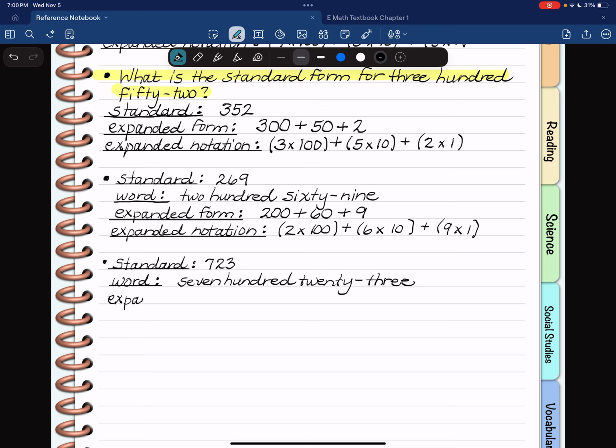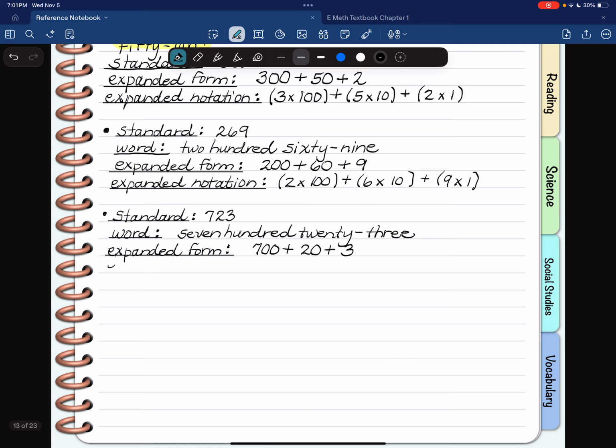Expanded form. This is where you think about flats and rods and cubes. We have 7 of the flats. We have 2 of the rods. And we have 3 of the cubes. And then expanded notation is where you think about banknotes, money.